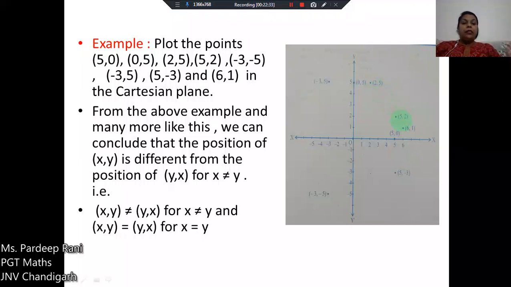They are giving us different positions. So we conclude that (x, y) is not the same as (y, x) for all x not equal to y, and (x, y) will be equal to (y, x) for all x equal to y.